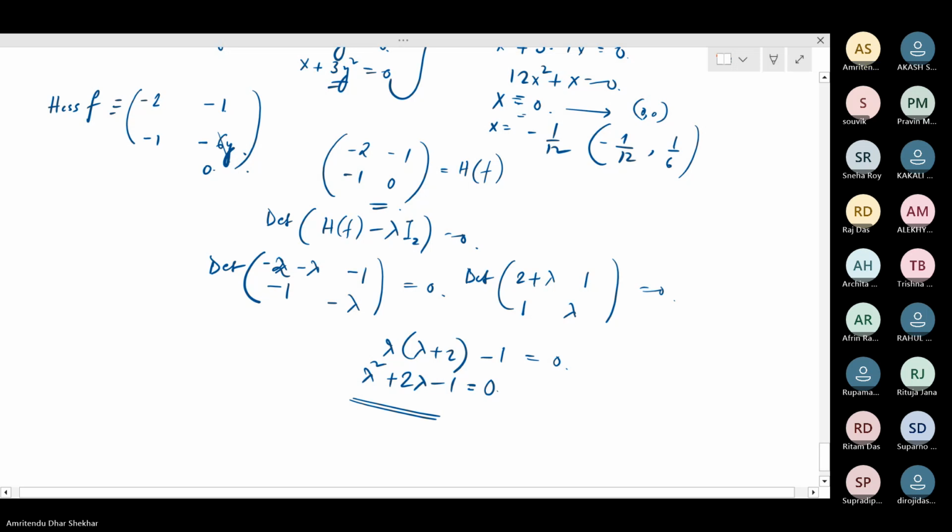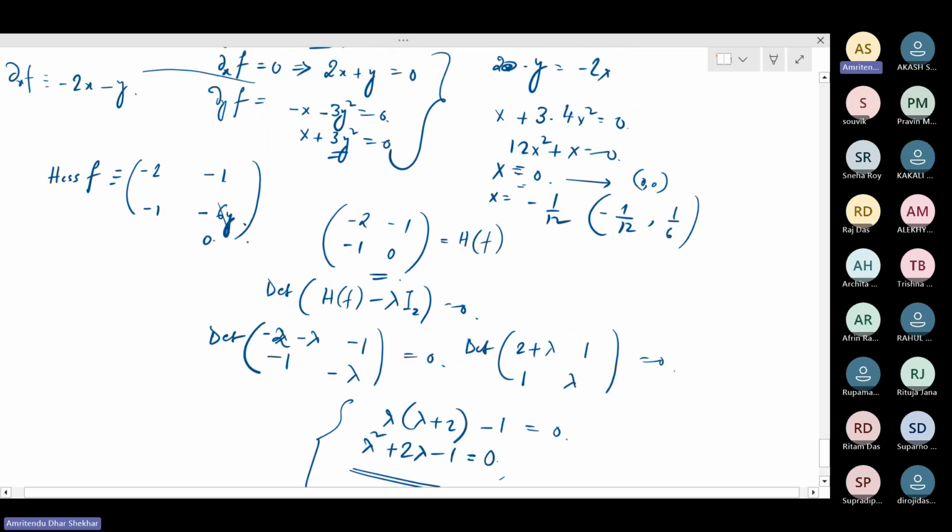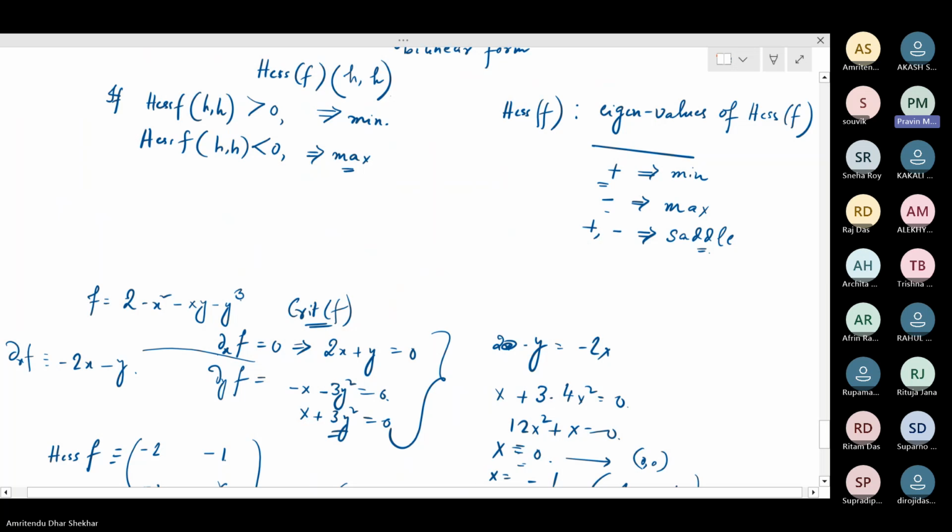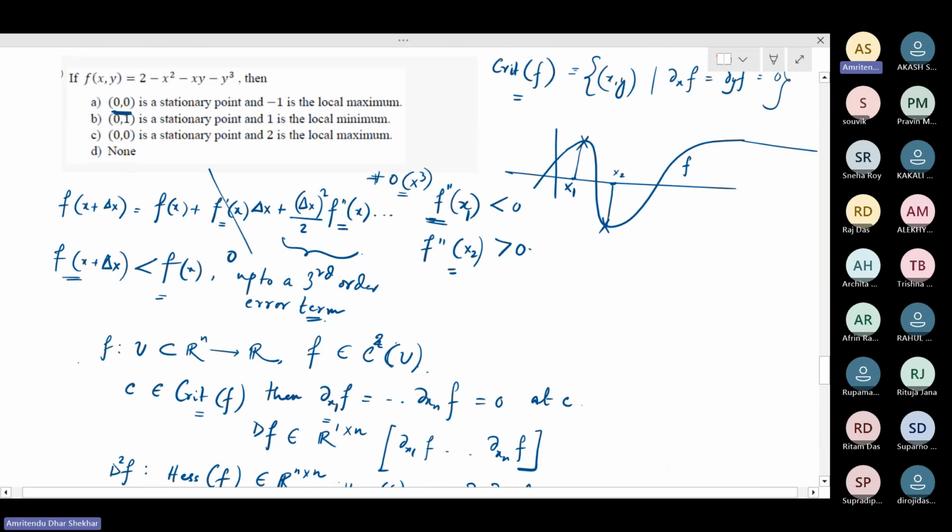It seems that they will be basically minus 1 minus root 2 or minus 1 plus root 2. You have to finish the computation here and see what the roots of this equation are, and that will determine what kind of critical point 0 comma 0 is. Okay, that's how you solve it.